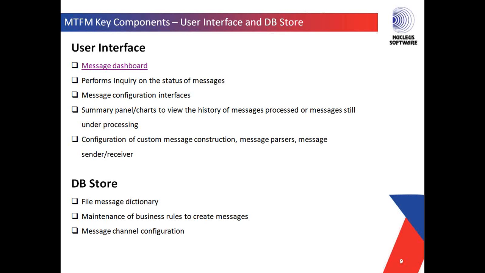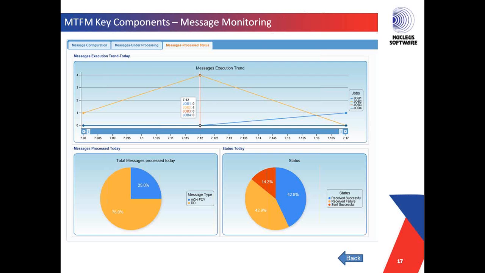Referring to the user interface, I talked about the message dashboard. And right now, if I click on the message dashboard, there is this sample of a message dashboard which shows in a typical time frame what kind of message execution has happened, how many messages have been processed, how many have passed, how many have failed. So there is just one sample.